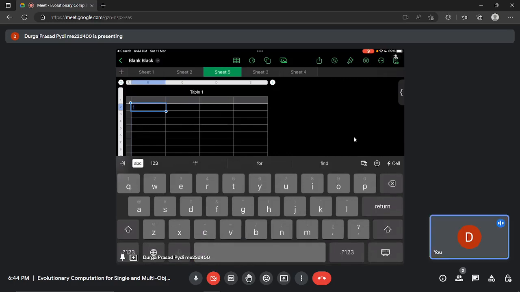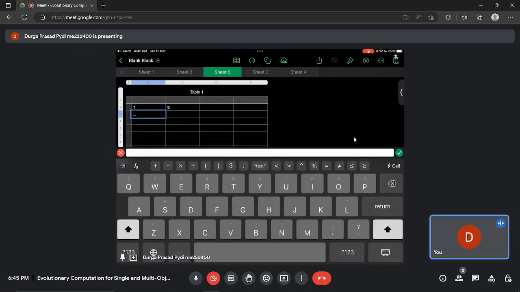Say we have two objective functions, f1 and f2. For now, I'm just defining some random values.